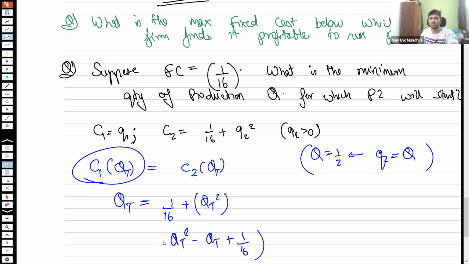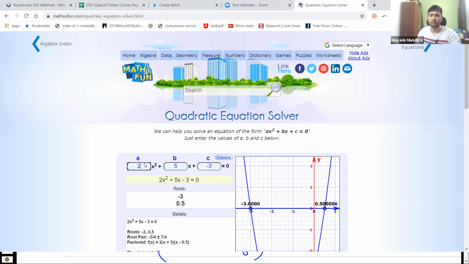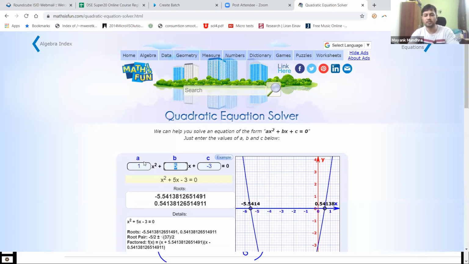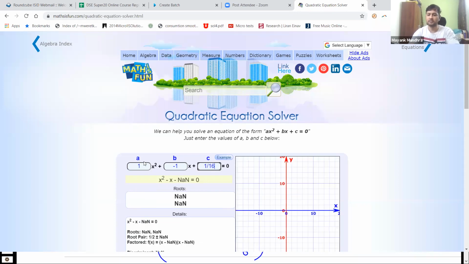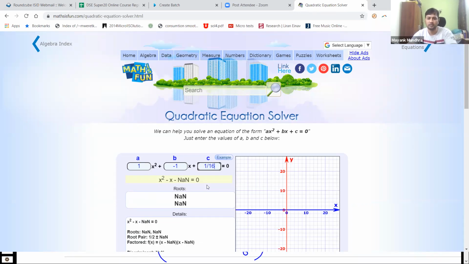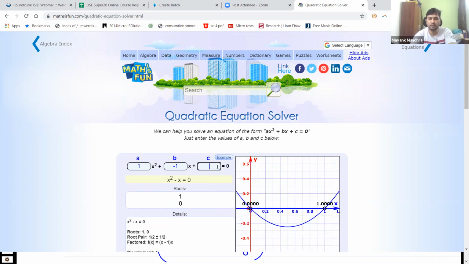So my A, B, C are 1, minus 1, and 1/16. So I'm just going to put those values, 1, minus 1, and 1/16. It is 1/16.